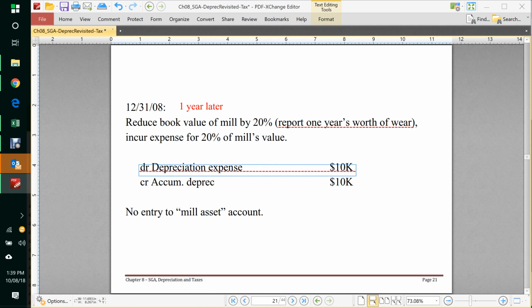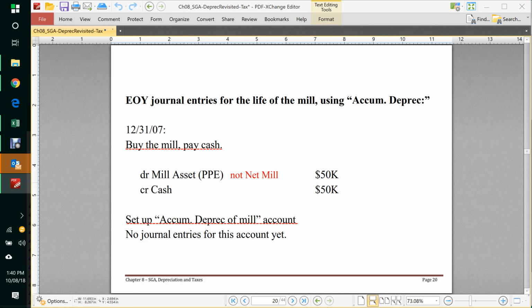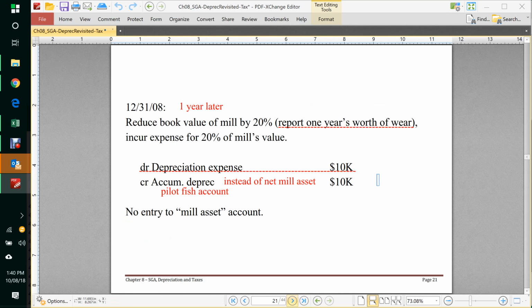But instead of net mill asset, we're going to say CR, that accumulated depreciation pilot. So that's the difference. Every year we're going to add to the accumulated depreciation account, and the mill comes in at PPE or mill asset, not net in both cases.